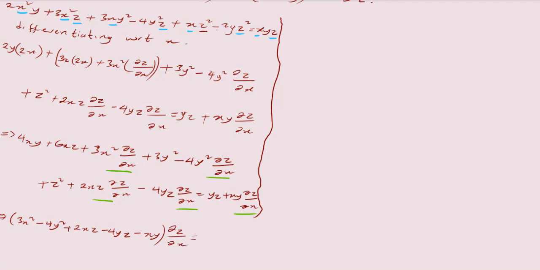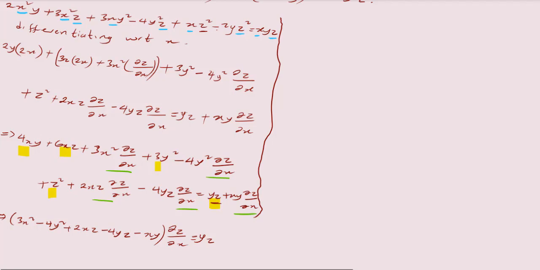It's equal to, now what are you left with? I'm left with yz, which is already at the left hand side. I'm left with this, this, this, and that's all.